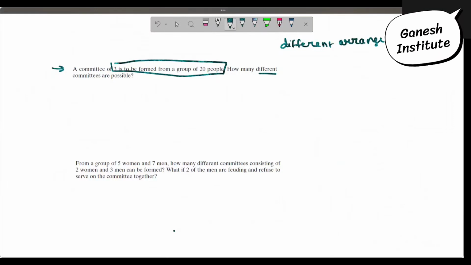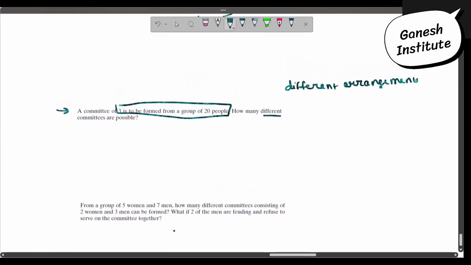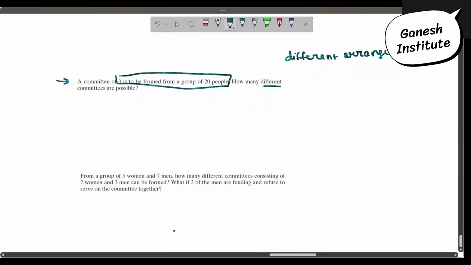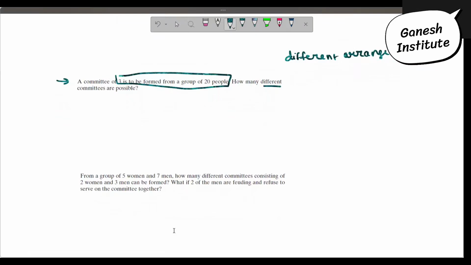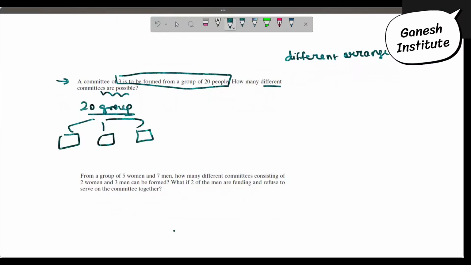How many possible? 20 is total, right? There is a group of 20 people and a committee of three people has to be formed. Which means how many committees are possible. So it is like the formation of a group, and then you have a set of three people.